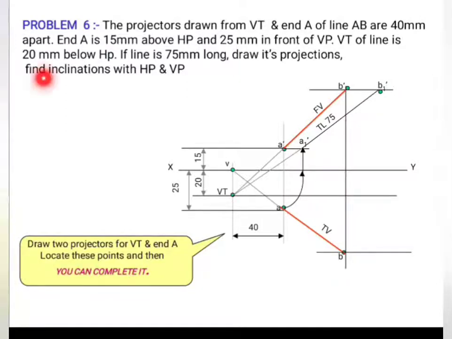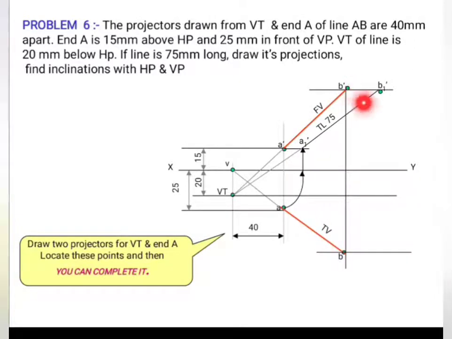Now I have to find out the inclinations with horizontal plane and vertical plane. For getting these inclinations, I have to draw the true length line. Here we have the true length line in the elevation side, which will give the inclination of theta. For getting inclination of phi, I have to get the true length line in the plan side.